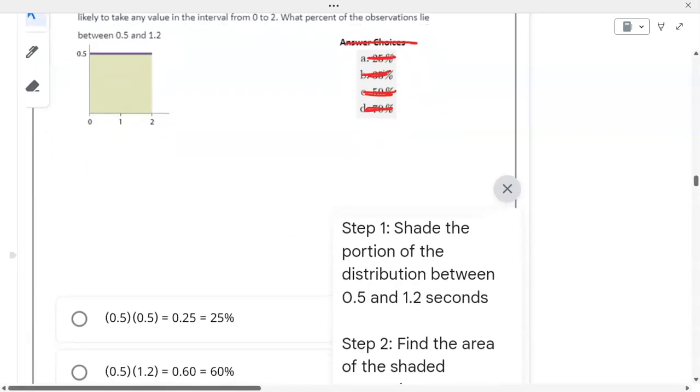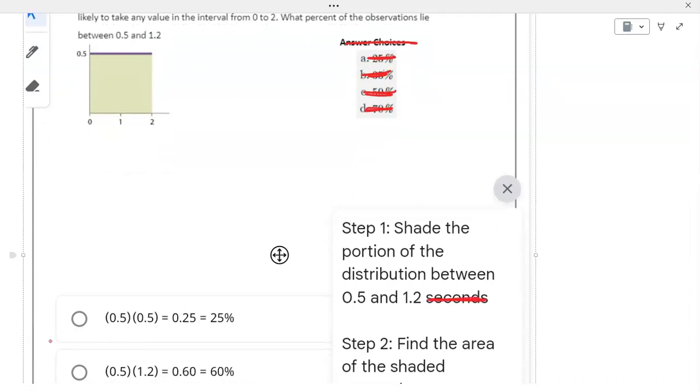Okay, it says shade the portion of the distribution between 0.5 and 1.2, and these aren't seconds, these are just number values. So 0.5 would be about there, and I'm going to say 1.2, maybe about there.